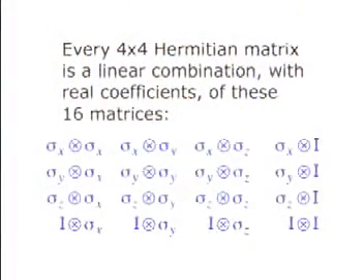So again, we can just express all 4 by 4 matrices, and so all observables, in terms of Pauli matrices, and do all matrix arithmetic in terms of the algebra of Pauli matrices.